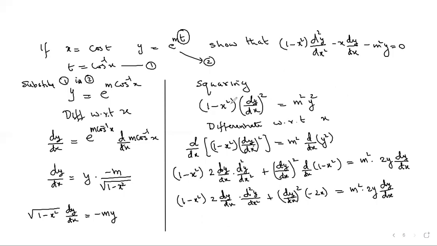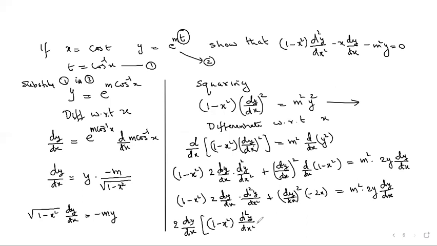Whenever you square and differentiate, the left-hand side and the right-hand side will have a common term, and that common term will be 2 dy by dx. Fixed, in every problem. Whenever you square and differentiate, 2 dy by dx will be a common term on both sides.